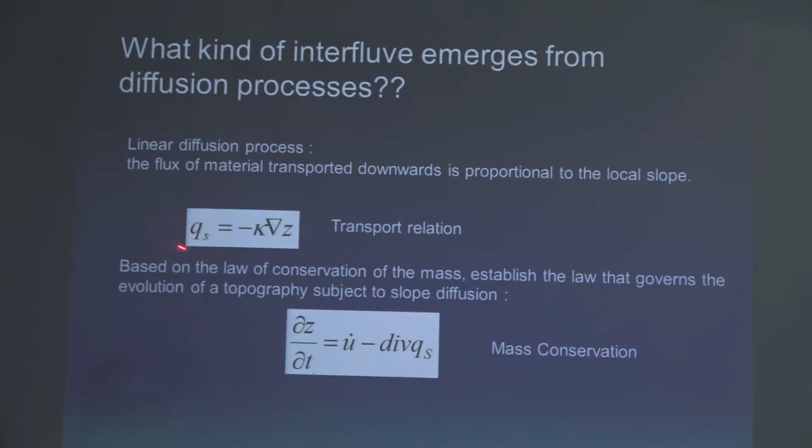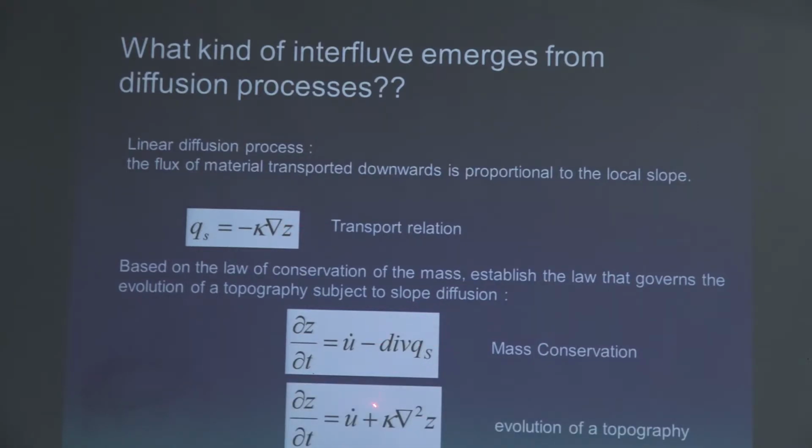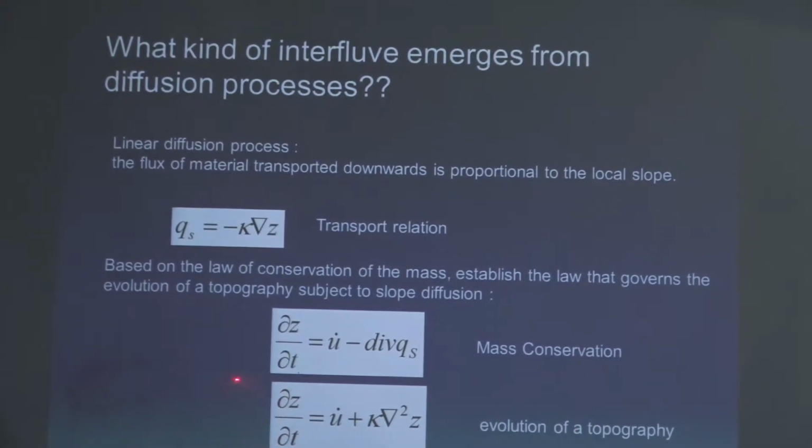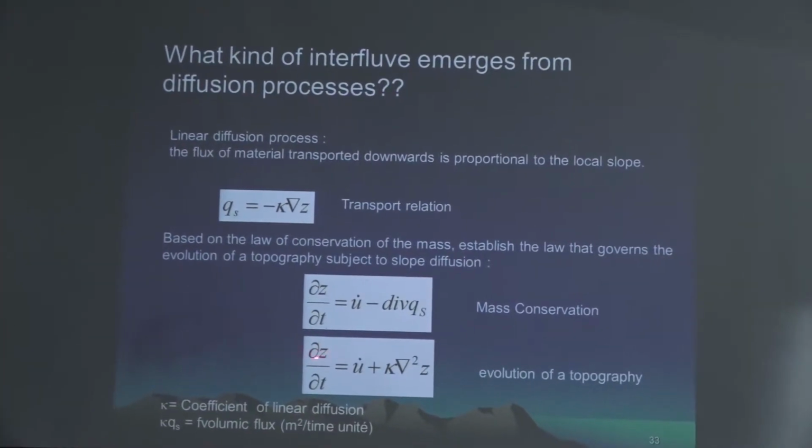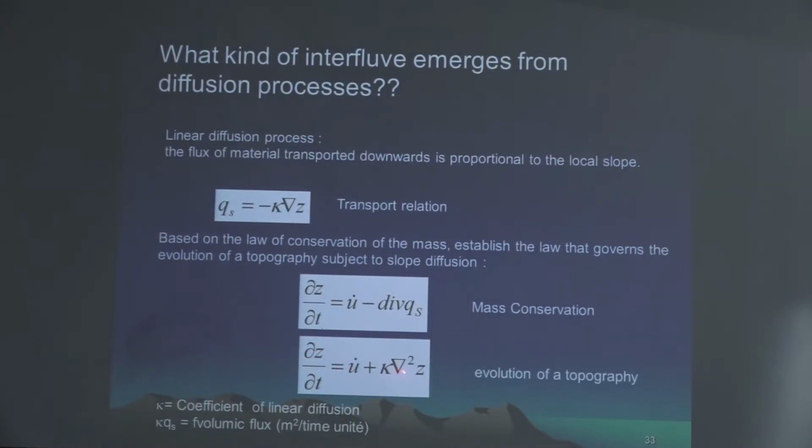So if we introduce this expression of the flux as a function of the slope into this mass conservation equation, we end up with the change of elevation of the hill slope, so the first derivative over time of Z, the elevation of the hill slope, is proportional to the second derivative of the elevation. So we see typically a diffusion equation appearing, and this coefficient is called the coefficient of linear diffusion.